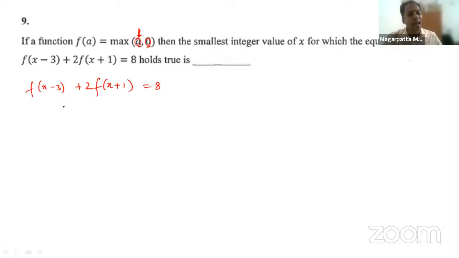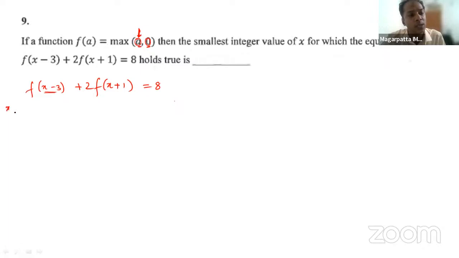I'll simply try a few values, because I don't think it will take me a lot of values to test this out. Also I know one more thing: this is the maximum of whatever. So if whatever is inside is negative, then output is 0. If whatever is inside is positive, output is that number itself.